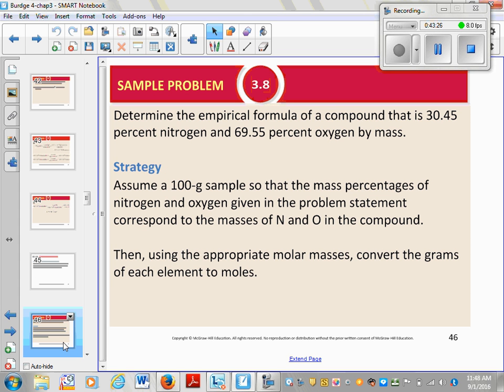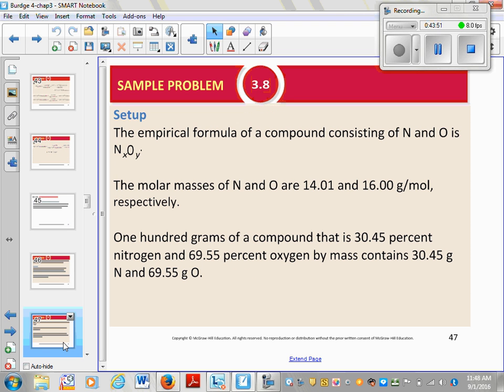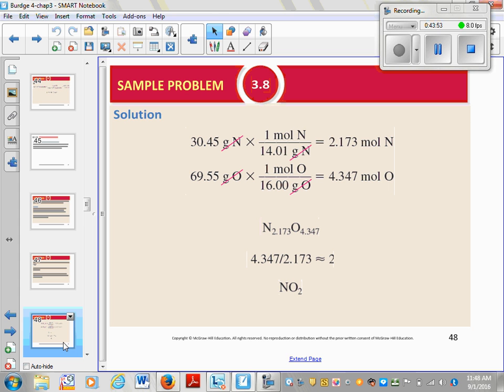You go to the stoichiometric roadmap, grams of A to moles of A. So I'm going to divide the nitrogen by its molar mass, I think it's 14.01, and the oxygen by its molar mass, which is 16.00. So if I do that, I end up with 2.173 moles of nitrogen.